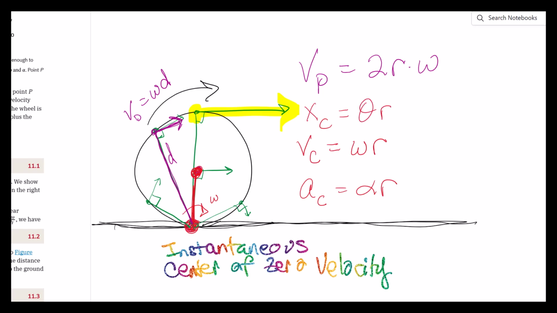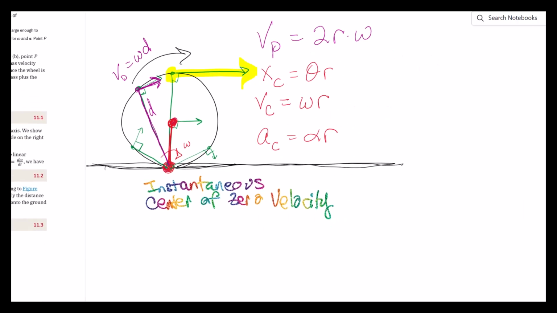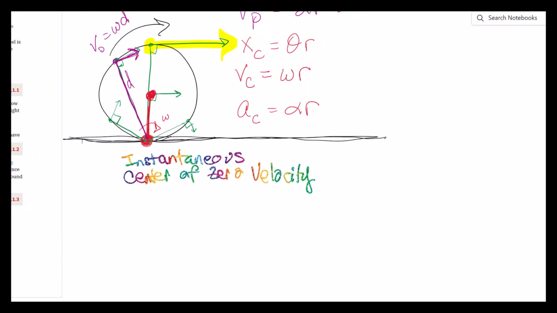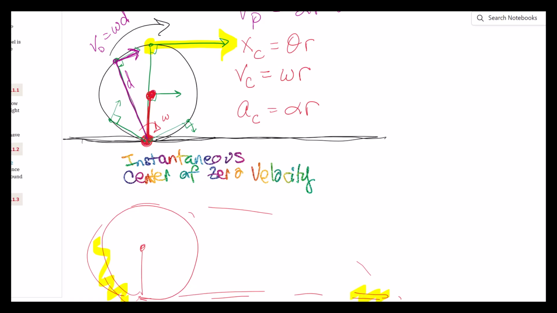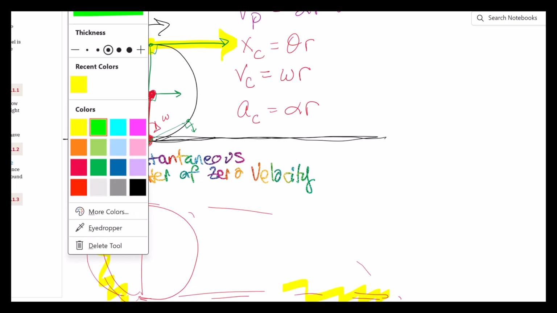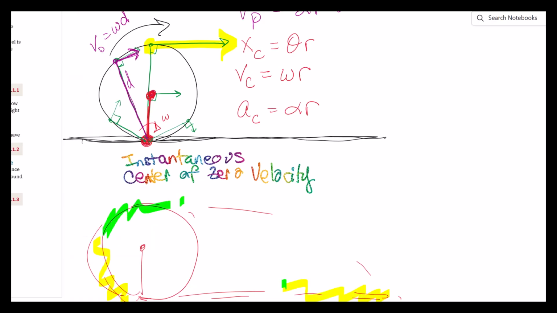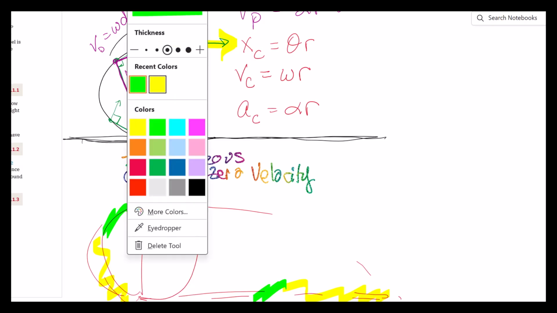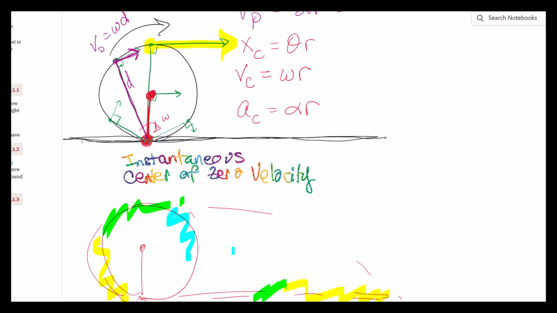So if it goes around a full length of the circle, and the circle unravels itself, like if you pretend that this part of the circle is this part of the circle, and this part is this part, and this part is this part. Does that kind of make sense? Like you're flattening out the circle.